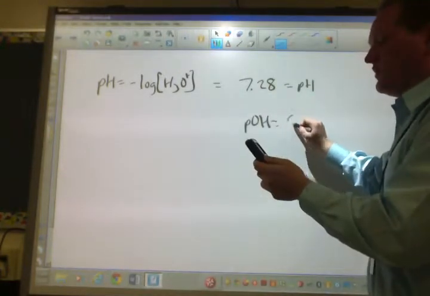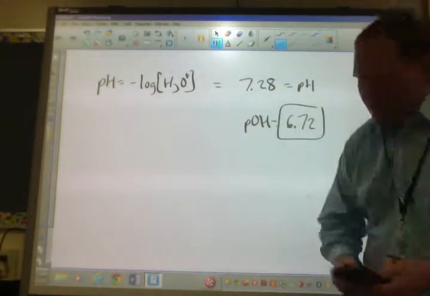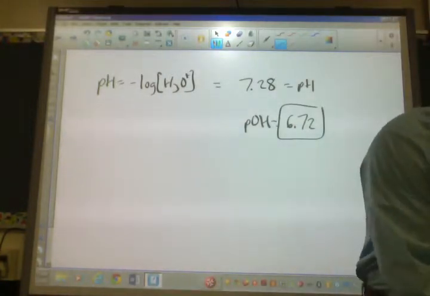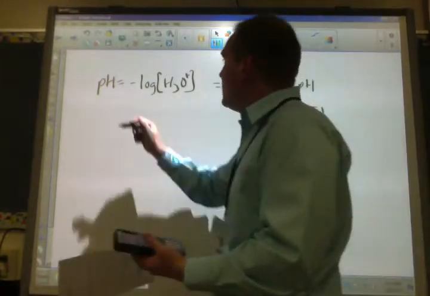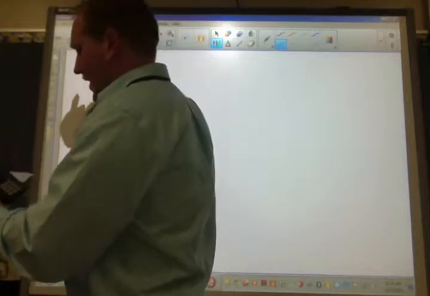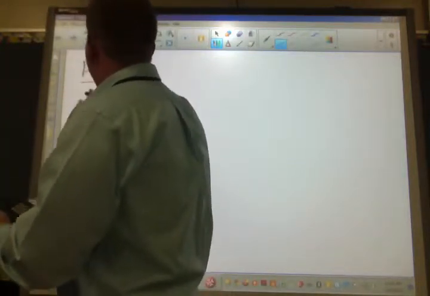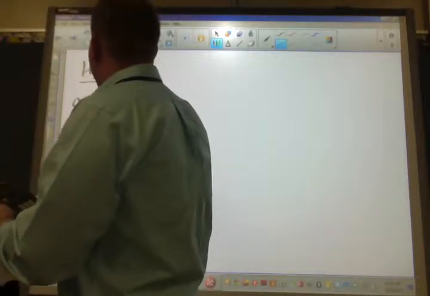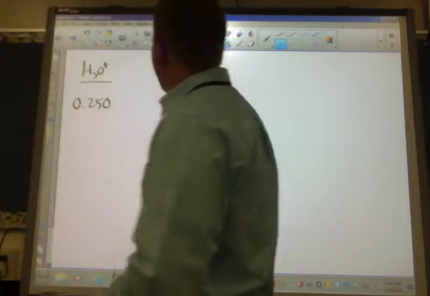pOH equals 6.72. That's number 5. Okay, we're now going to complete this table at the bottom. So for the first one, we have H3O plus is 0.250. Looking for OH minus.